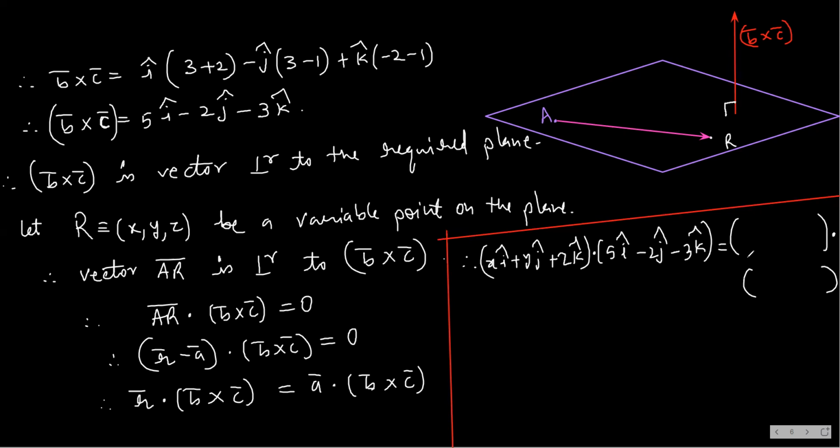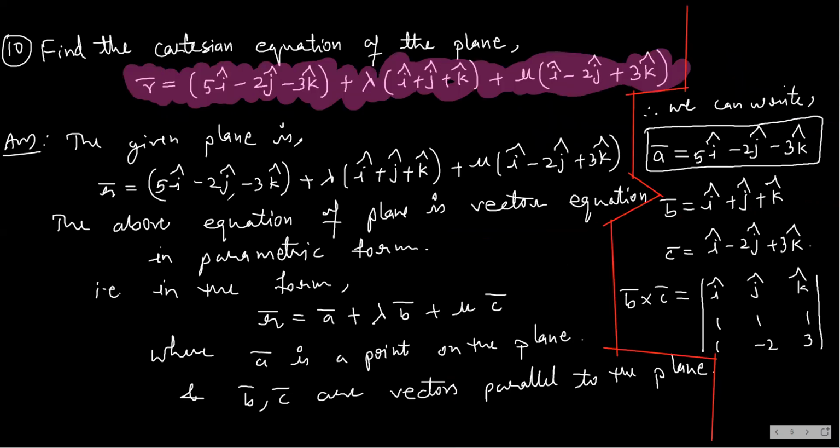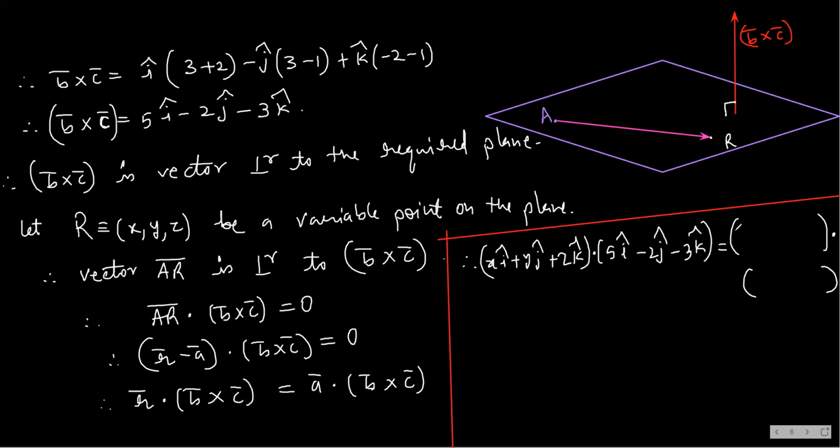What is A bar here? A bar is 5 i cap minus 2 j cap minus 3 k cap. And here you have b bar cross c bar.